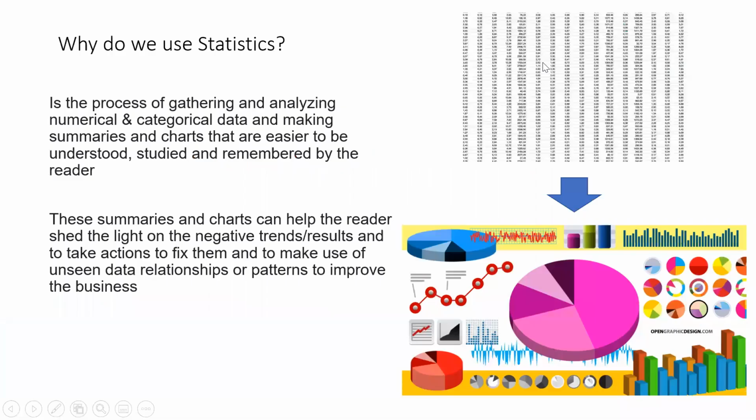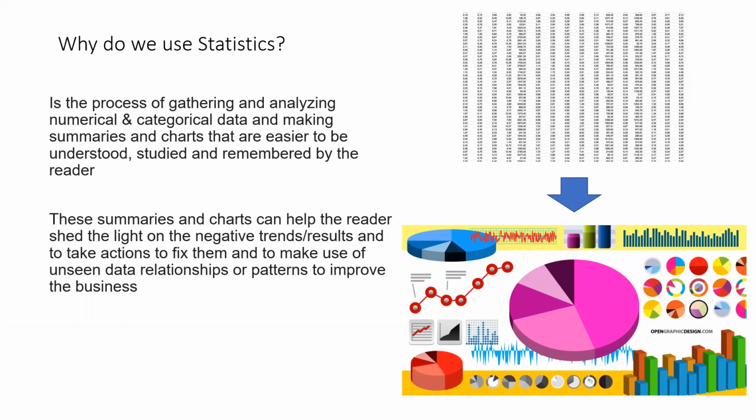Why do we use statistics? Usually, the data comes to us including a large volume of information, numerical and categorical, which makes it difficult for the reader or for the data analyst to analyze all this information by just looking at the numbers and categories.